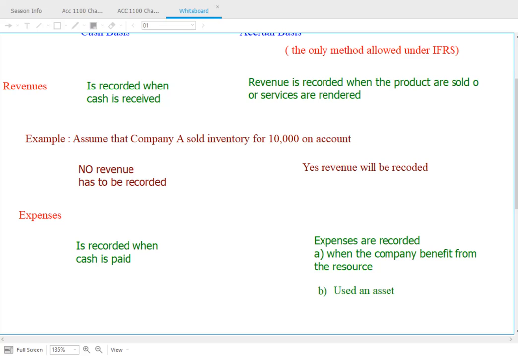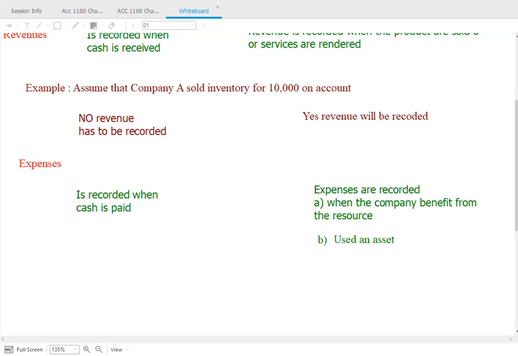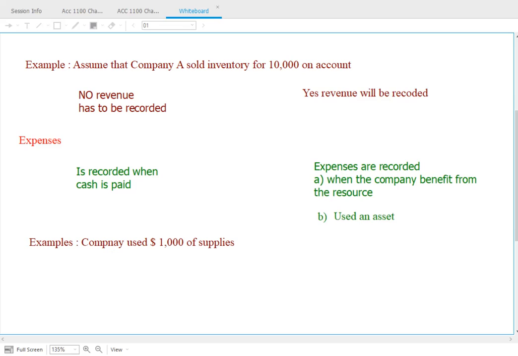Assume that the company used $1,000 worth of supplies. So the company purchased some supplies at the beginning of the month, and at the end of the month, they found that they used 1,000 of these supplies.